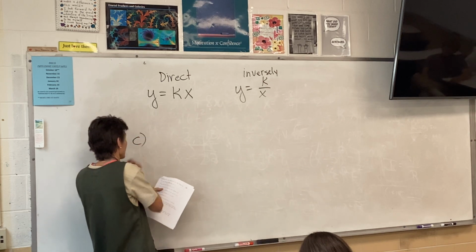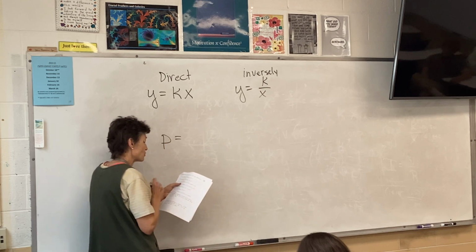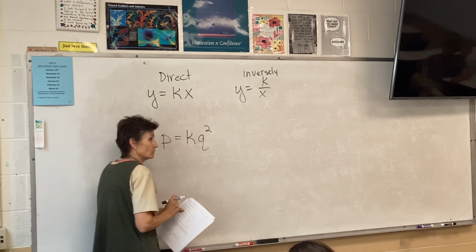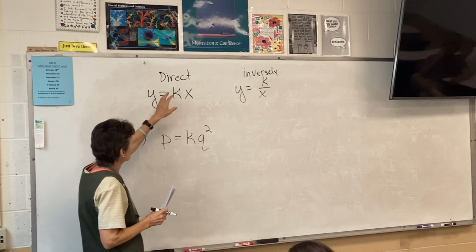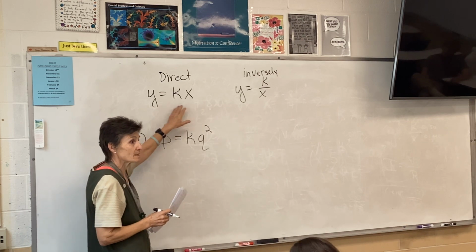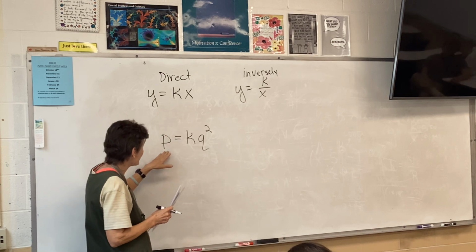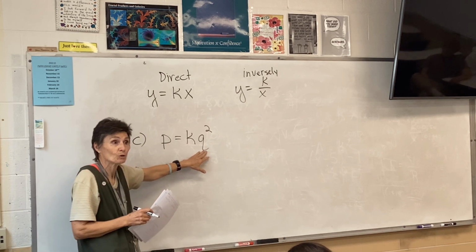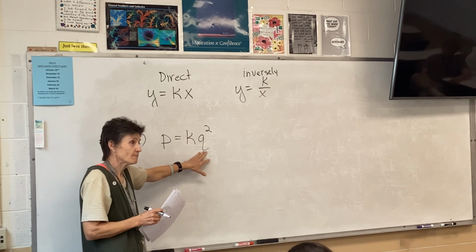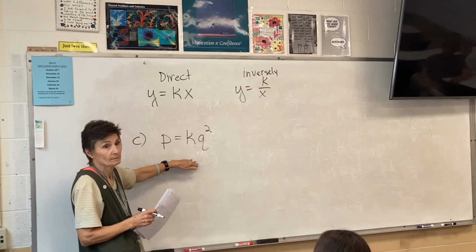C, P varies directly as the square of Q. So in other words, varies directly means it has this format, but instead of x and y, or y and x, it's p and the square of q, or q squared. If it would have said varies inversely, I would have put K over Q squared.